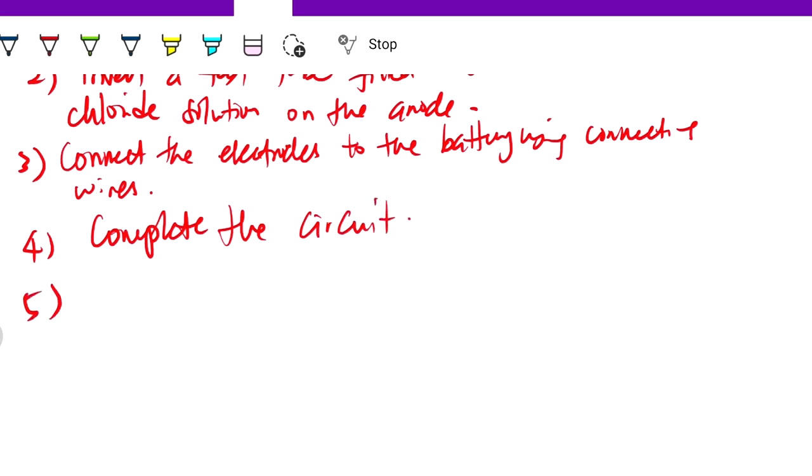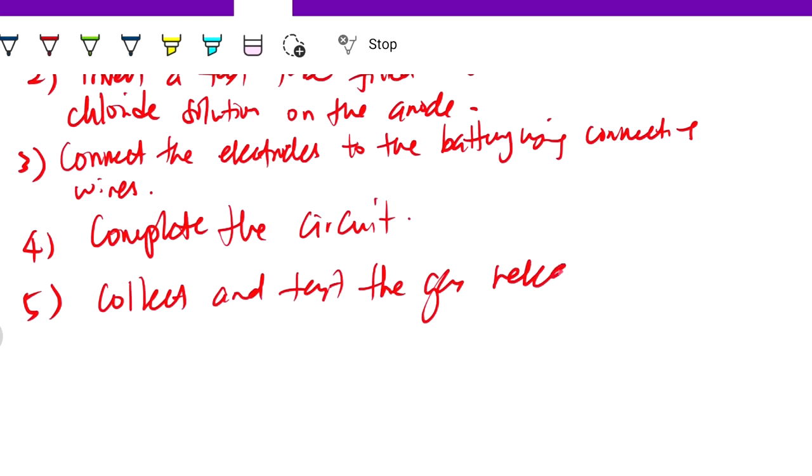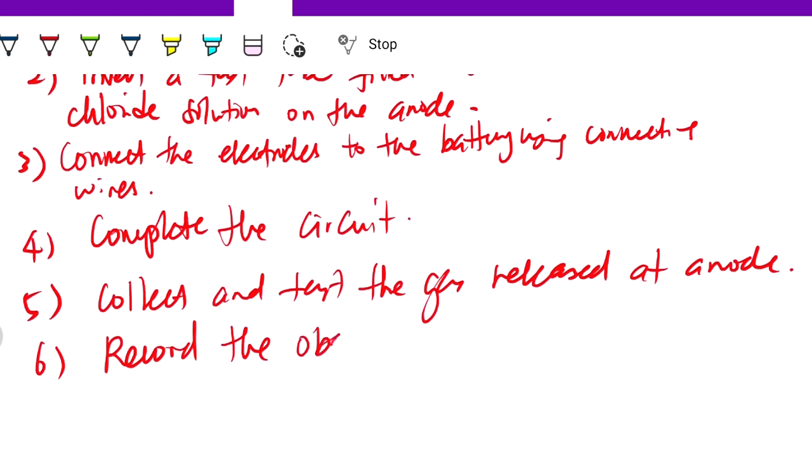Next, collect and test the gas released at the anode. Number 6, record the observation.